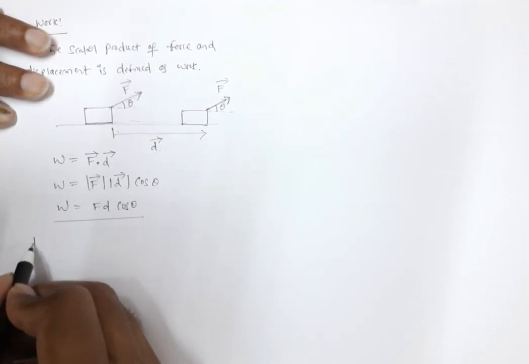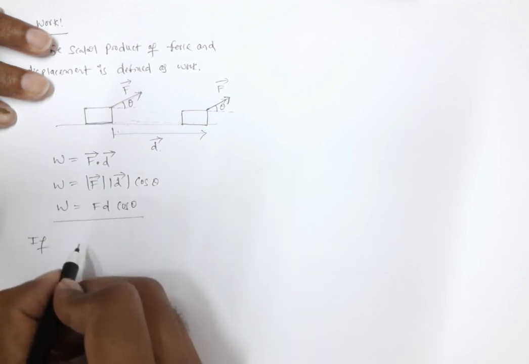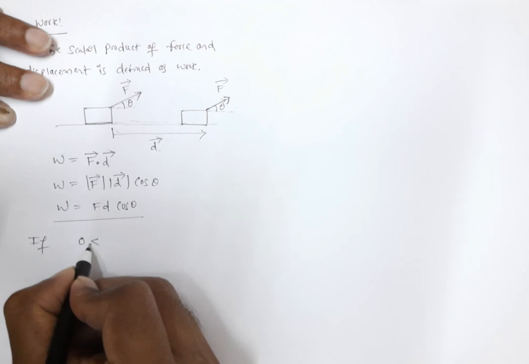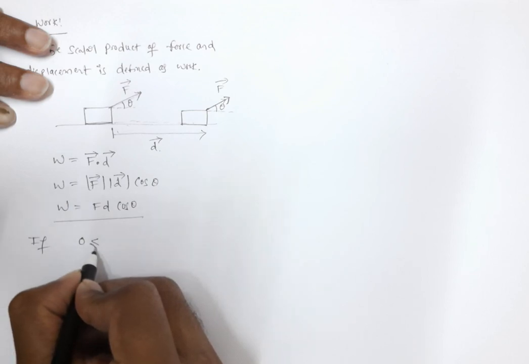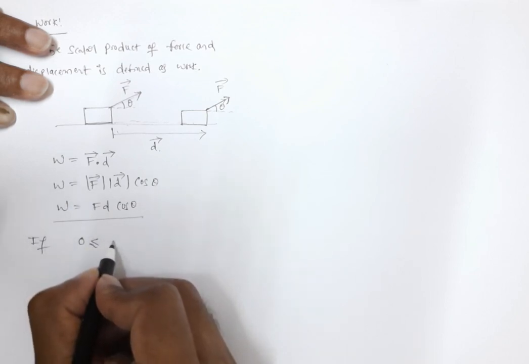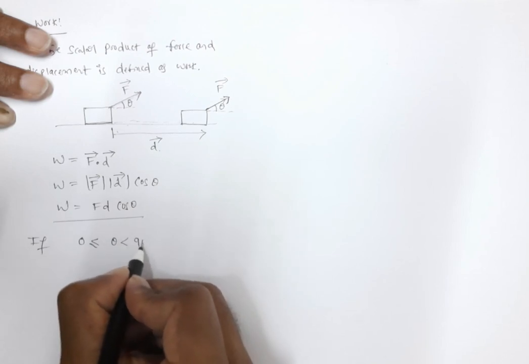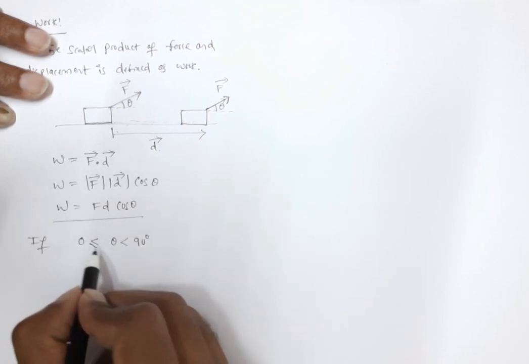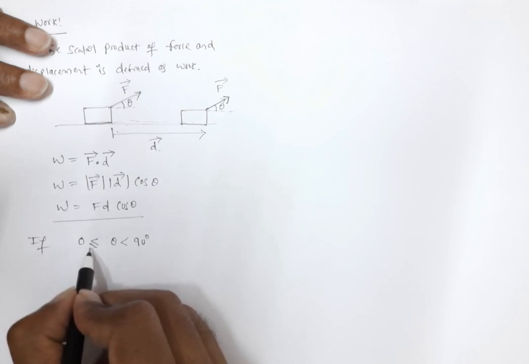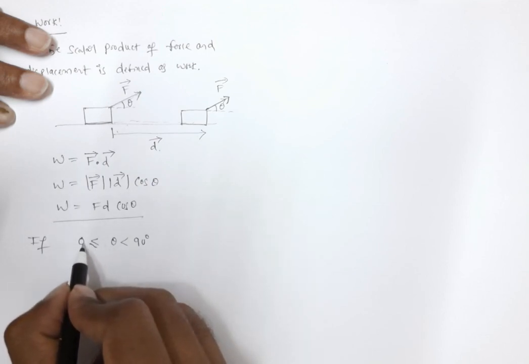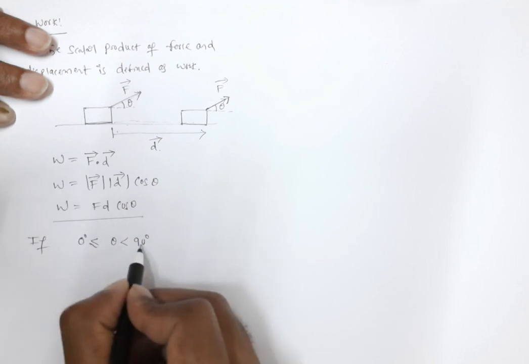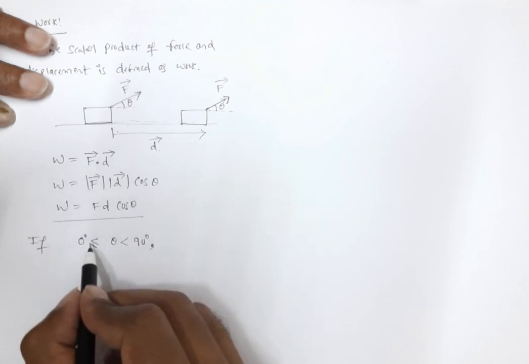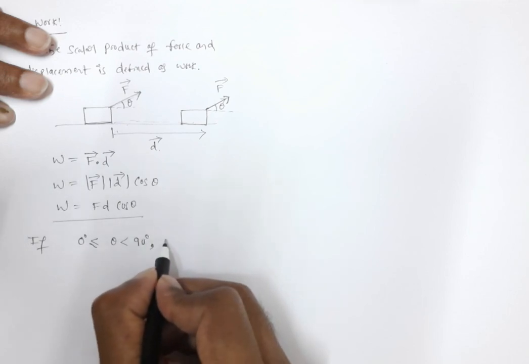Now let us see. If theta is 0, or greater than 0 degrees and less than 90 degrees, for all the values of theta, that means from 0 degrees onwards to 89 degrees, what is work done?